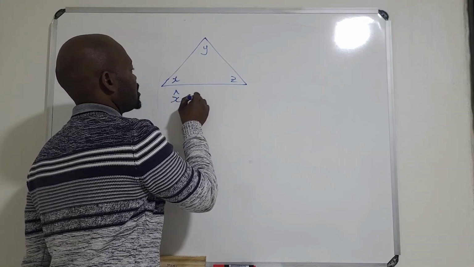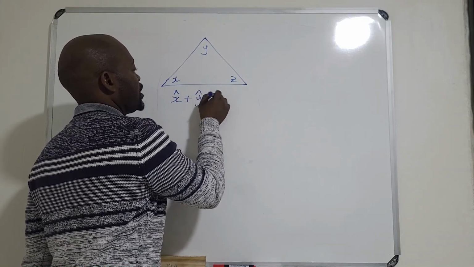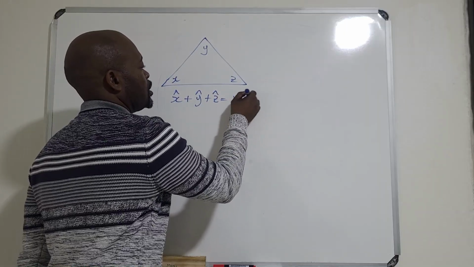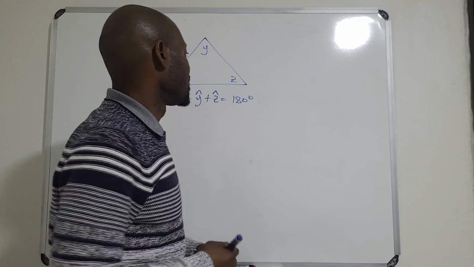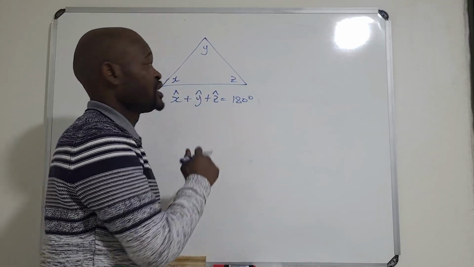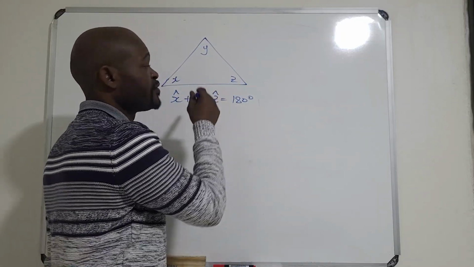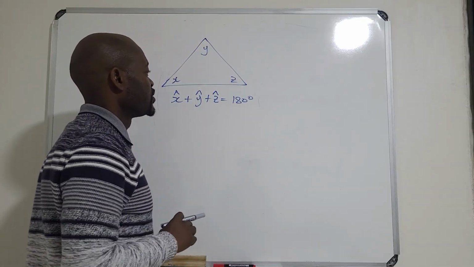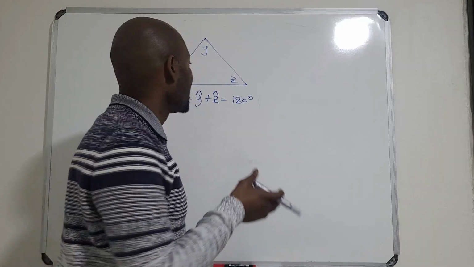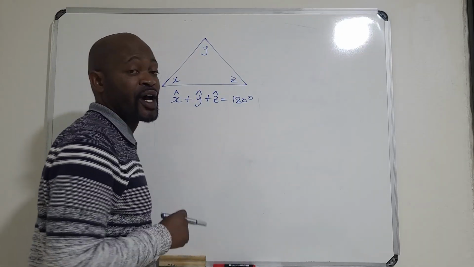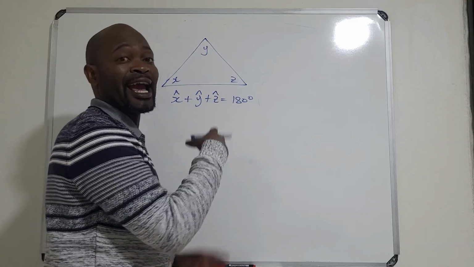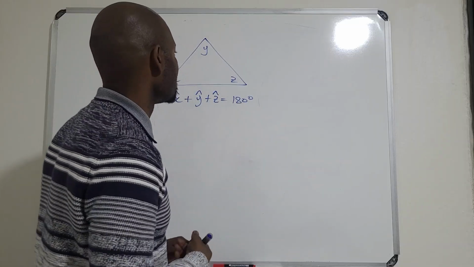Therefore, angle x plus angle y plus angle z is equal to 180 degrees. This is the first property which tells us that the sum of interior angles of a triangle add up to 180 degrees, meaning that they are supplementary. By supplementary, we mean that they add up to 180 degrees.